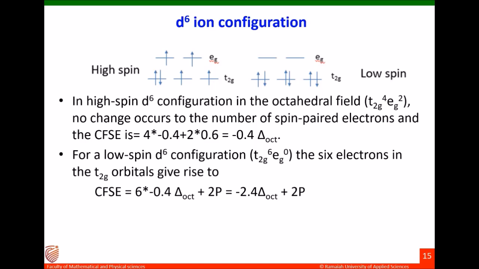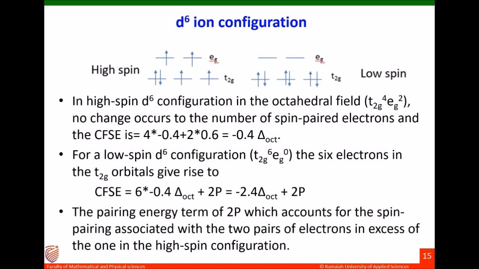So 2P also will be added to the crystal field stabilization energy. So the value will be 6 × (−0.4) Δo plus 2P, that is −2.4 Δo plus 2P. The pairing energy term of 2P accounts for the spin pairing associated with the 2 pairs of electrons in excess of the one in the high spin configuration.